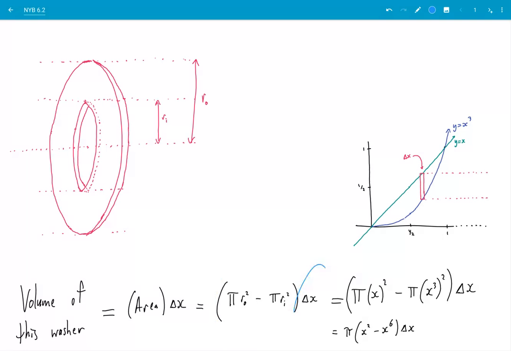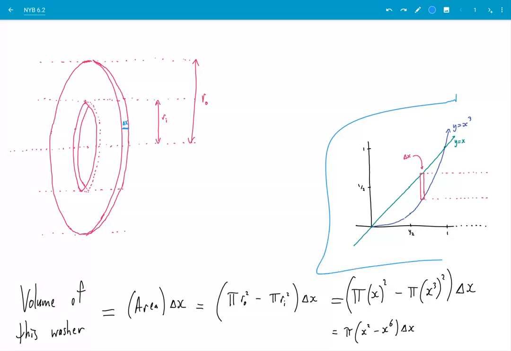And then you have the delta x still. Okay, the delta x is this little thickness here. And the tricky bit is finding what is R_O, O for outer, and R_I, I for inner.